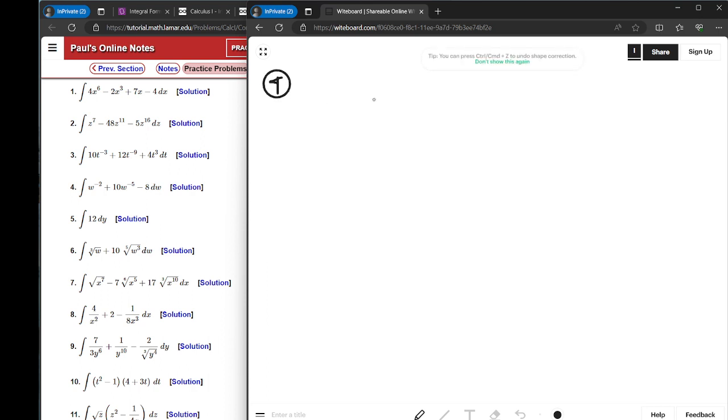Okay, right. Then we have here the integral of w to the power of negative 2 plus 10 w raised to the power of negative 5 minus 8, dw.